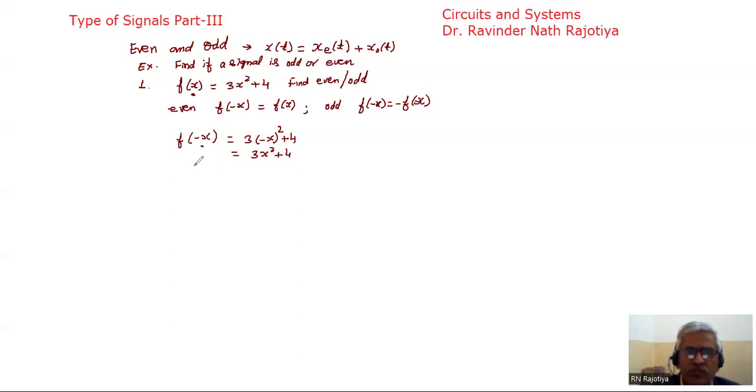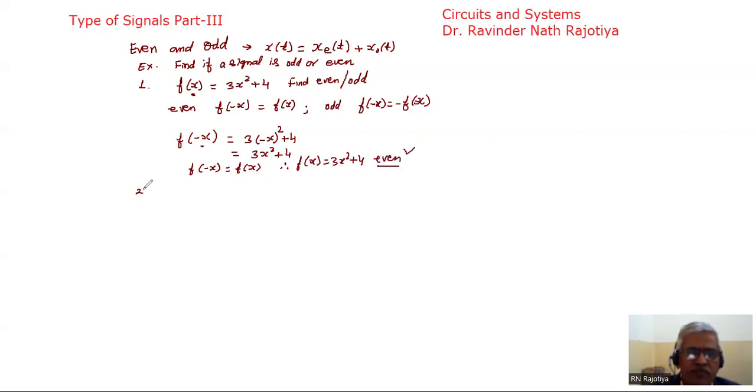So what do you observe here? The outcome, f(-x), is the same as f(x). Therefore you can conclude that your signal f(x), which is 3x^2 + 4, is an even signal.